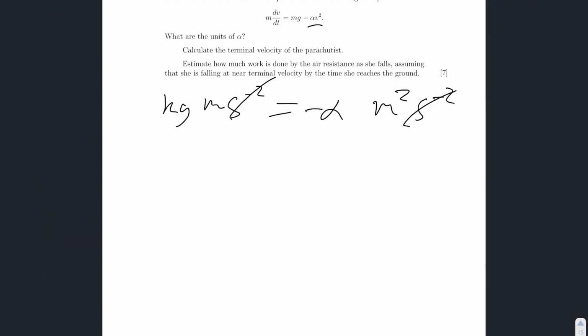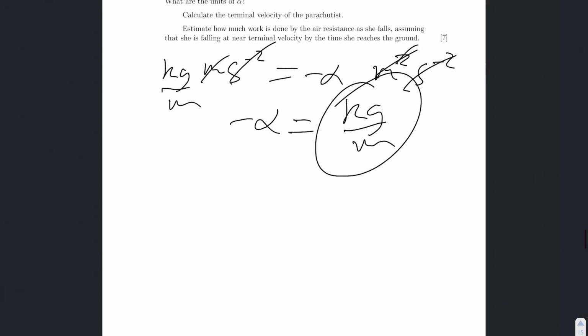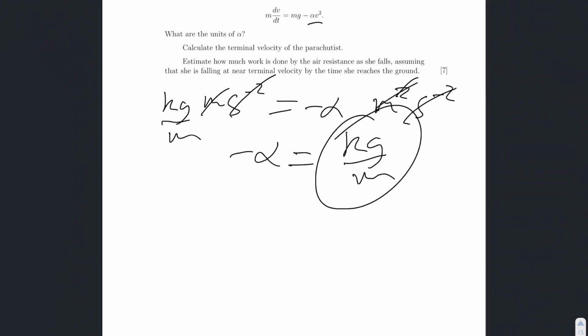So we don't need to account for these. We need to account for one of these. So actually, let's just divide by that. So minus alpha equals kilograms per meter. So that's the units of alpha, kilograms per meter.